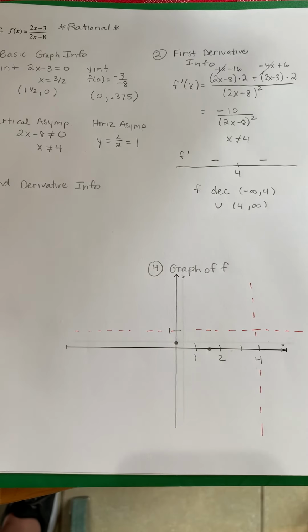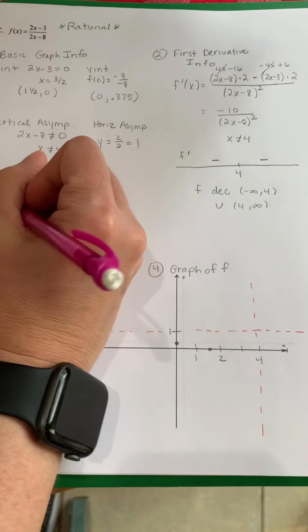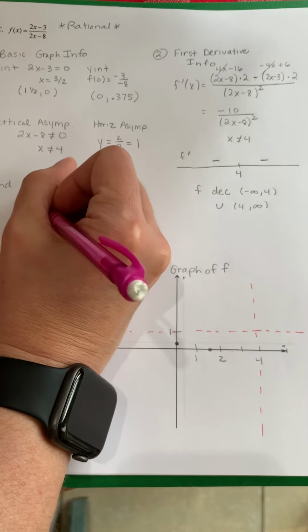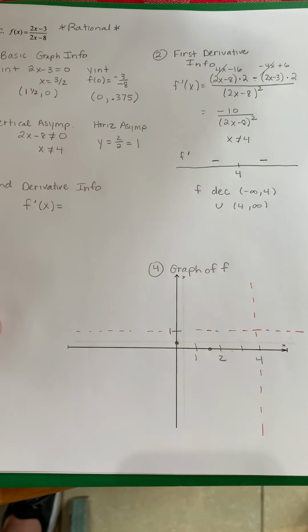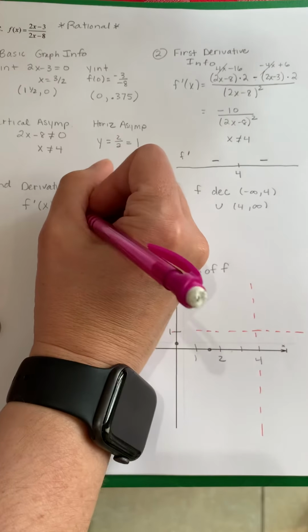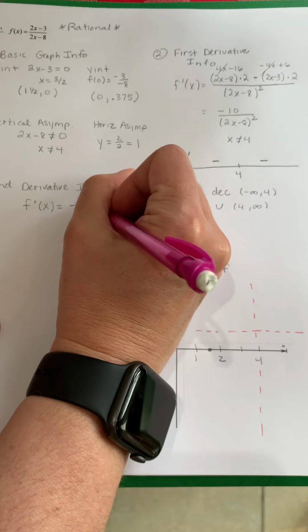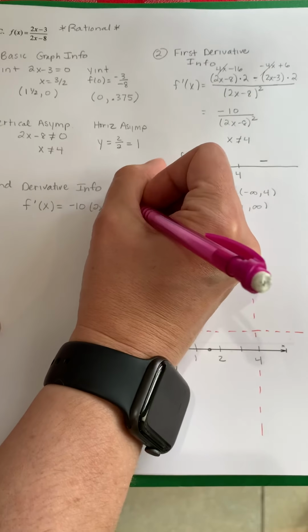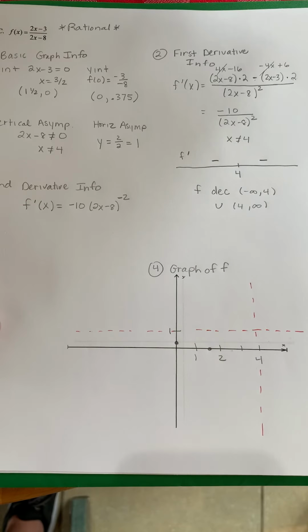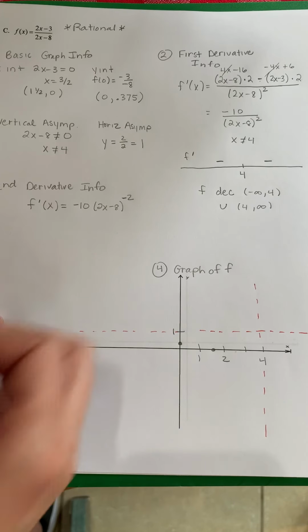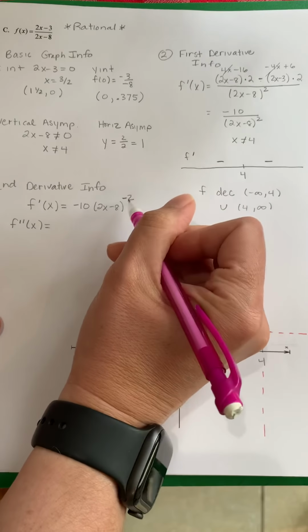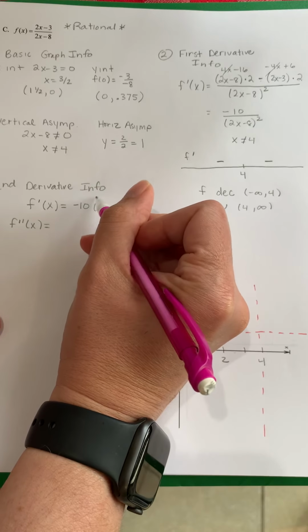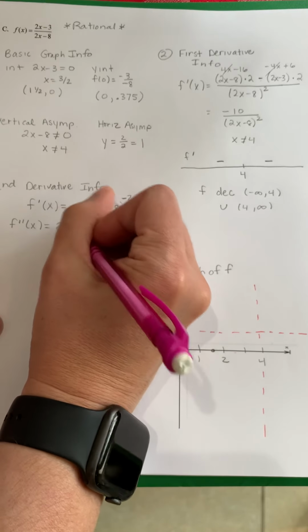All right, for our second derivative, it may be helpful to write the first derivative in another fashion besides using the quotient rule again. You can go ahead and bring that 2x minus 8 upstairs, but you'll have to make the exponent a -2. So using this to get our second derivative, we would drop the power, so we're going to have a 20 out in front.